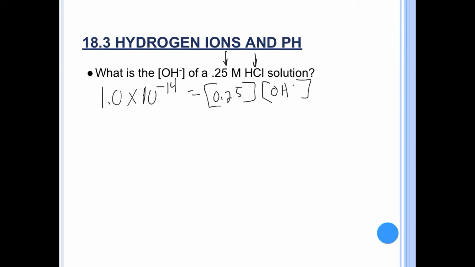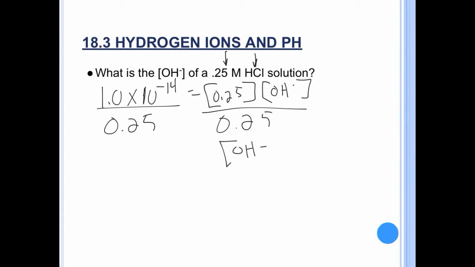So just like we did in the last problem, we take both sides and divide by 0.25, and what we get is that the hydroxide concentration is equal to 4 times 10 to the negative 14th.